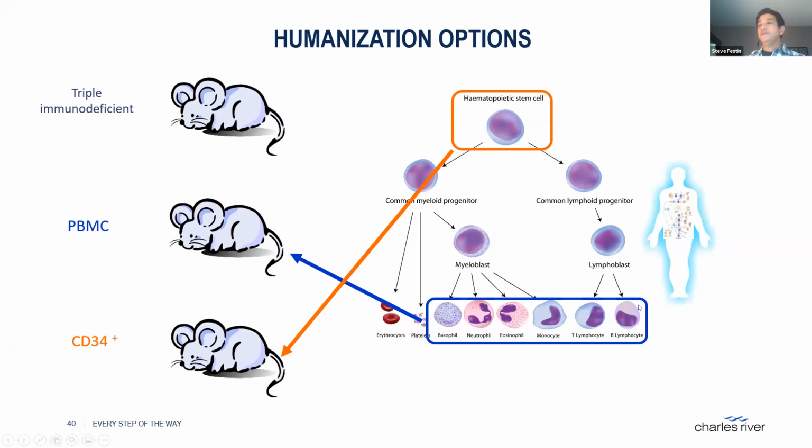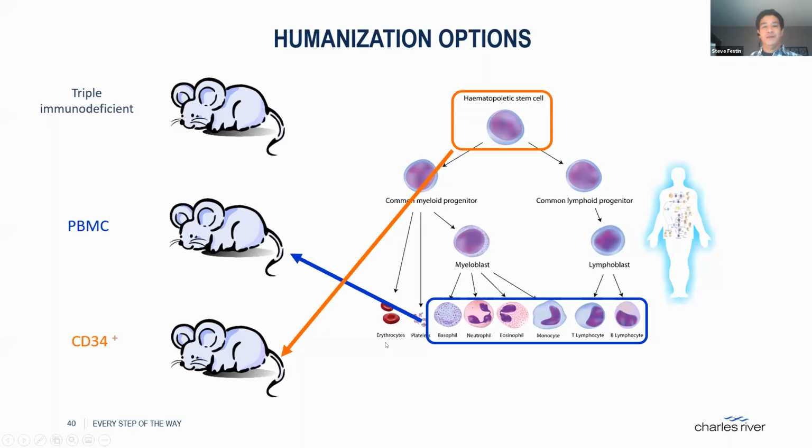With the PBMCs, we're really looking at mature cells, and as you'll see, almost exclusively T cells in terms of that expansion within 3 weeks post inoculation in this particular model. It's also useful for looking at checkpoint inhibitors, which applies to a number of immune cell and tumor cell interactions. This option is more accessible, but it has its limitations.